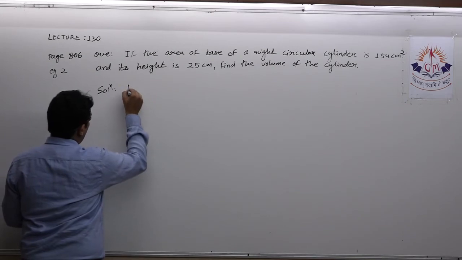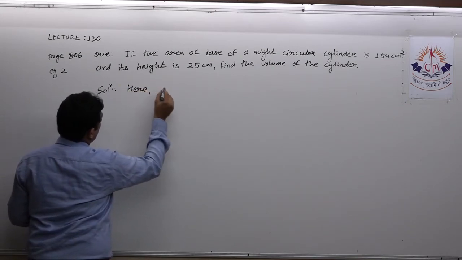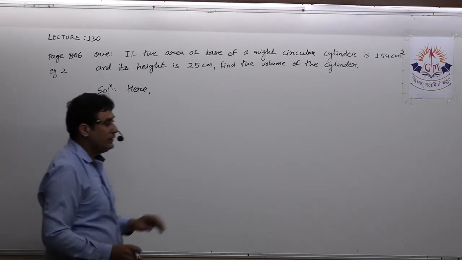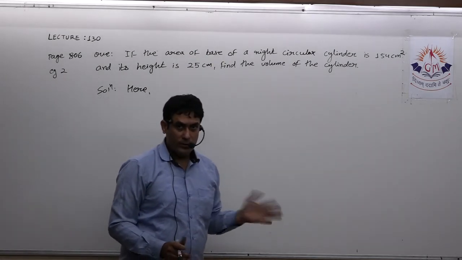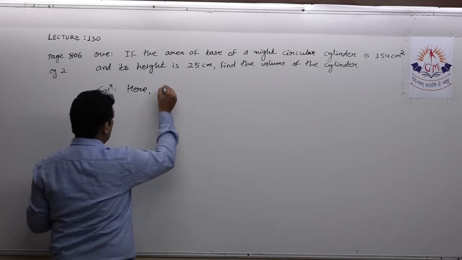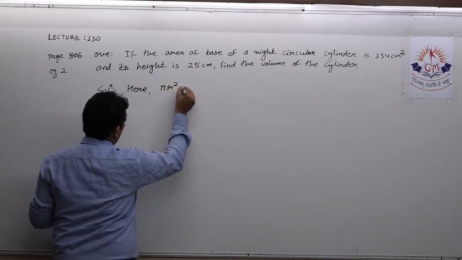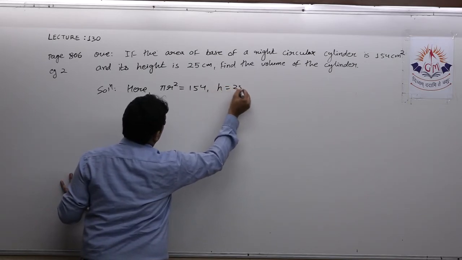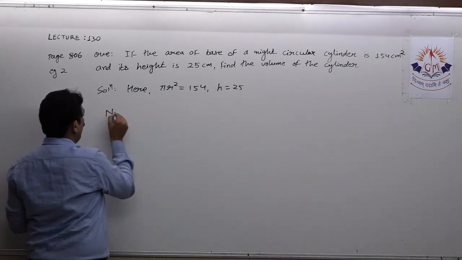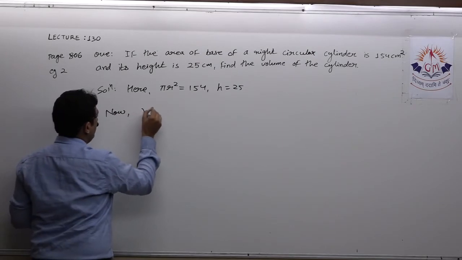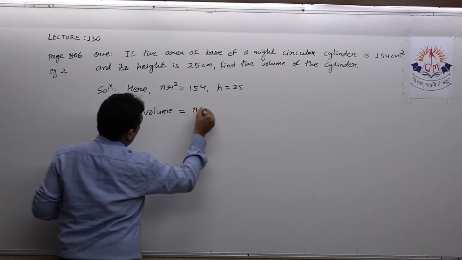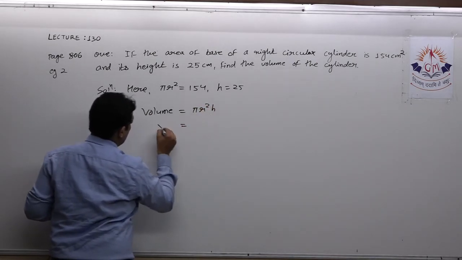See, here the area of the base of the cylinder is given. The base of the cylinder is in the shape of a circle. So I can say here that pi r square is equal to 154 as well as height is 25. Now what we have to find is volume. But obviously, first I write the formula of volume, that is pi r square h.